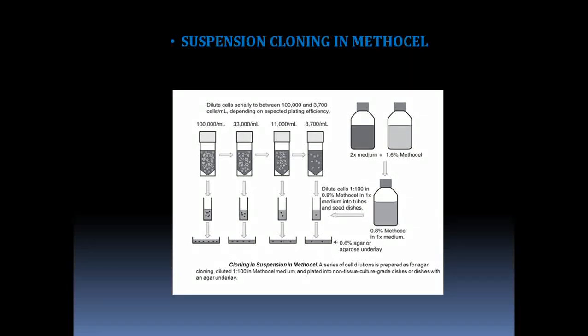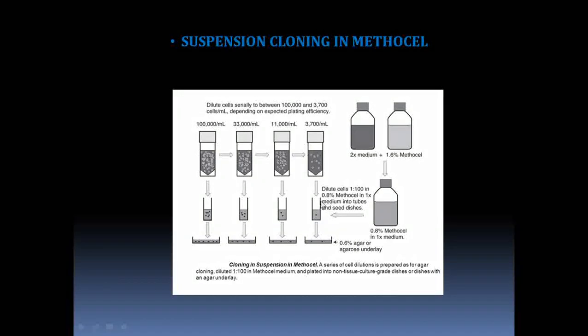It will act as a sort of gelling agent, but as we are using it as an underlay, it will be some sort of solid only, because we don't need to mix them both. So the agarose underlay is there, and methocell is overlaid with the help of cell suspension.